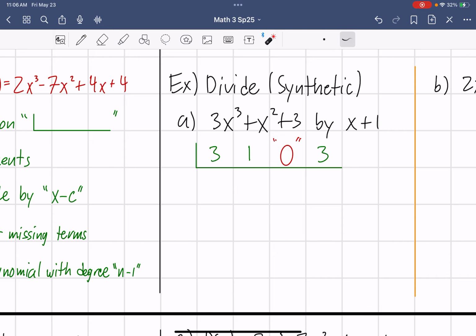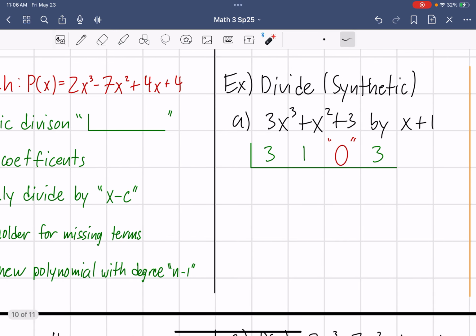Now you would think, okay, since we're dividing, we're going to use the leading coefficient, but that's not how it works. It only uses the constant term to be able to factor. Now, if you notice, it does say x minus c, but here we have x plus 1.